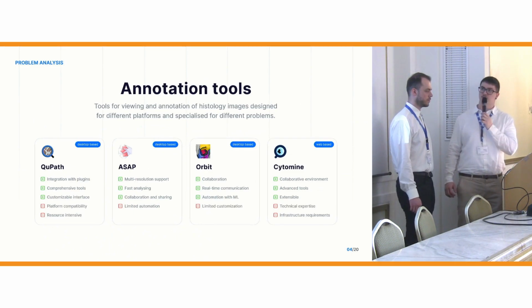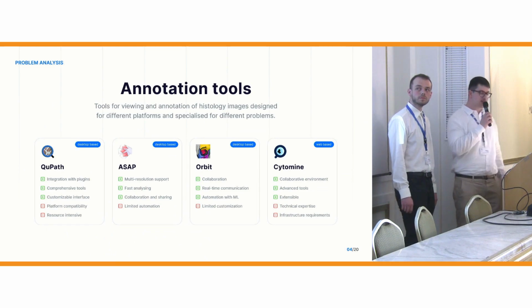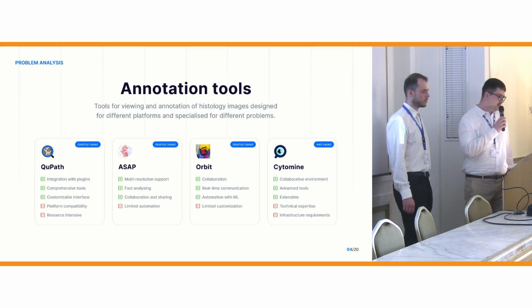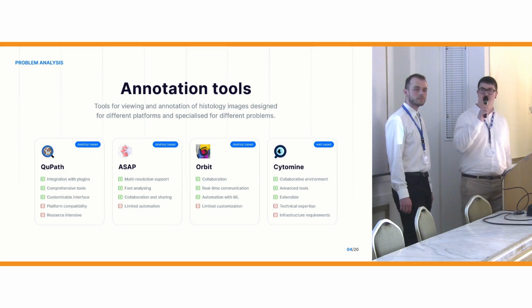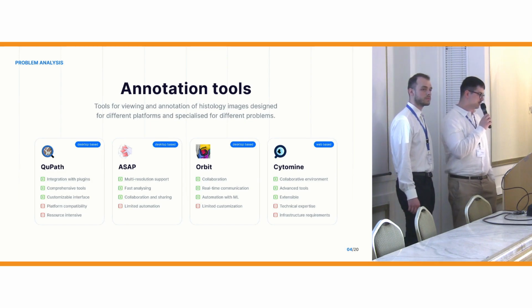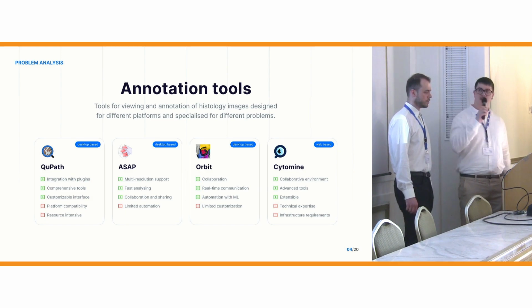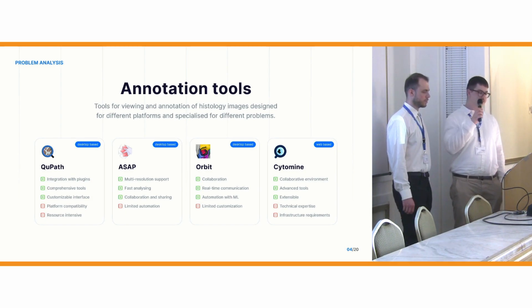There are a number of tools for viewing and annotating histological images. Each of them excels in specific areas, but also has shortcomings. Probably the best known is QuPath, which is implemented in Java and provides support for various formats and plugins that extend the annotation process. Another tool is ASAP, which excels in its speed in image analysis.